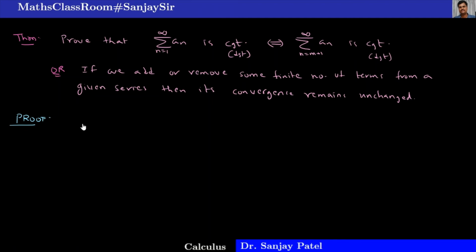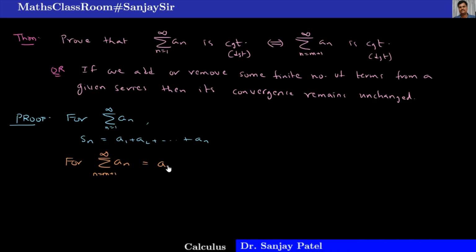let us write the partial sums for both the series. For sigma an, the partial sum is given by Sn is equal to a1 plus a2 plus a3 up to an, the sum of the first n terms of sigma an. And for sigma an with n equal to m plus 1 to infinity, you know what is this series?